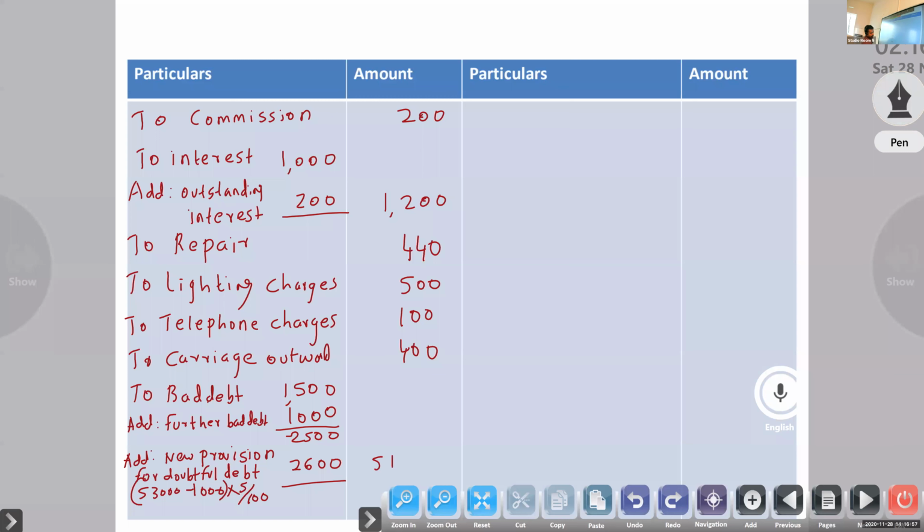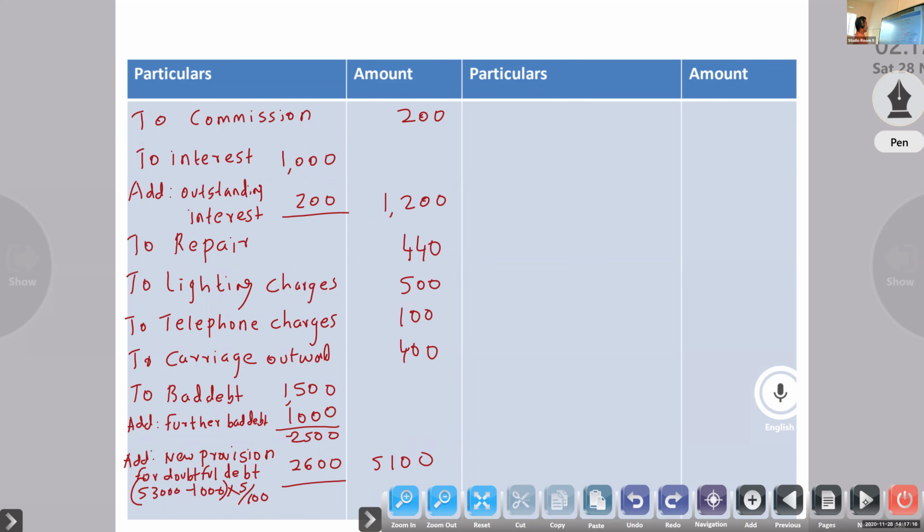So 5,100 because no old provision. Credit side, no provision for doubtful debtor.